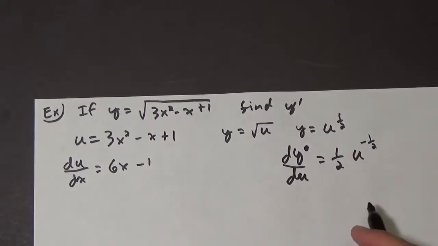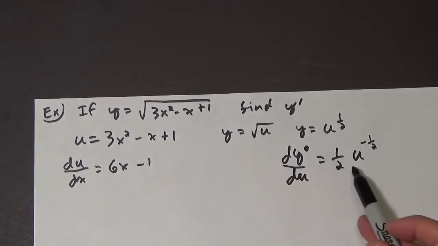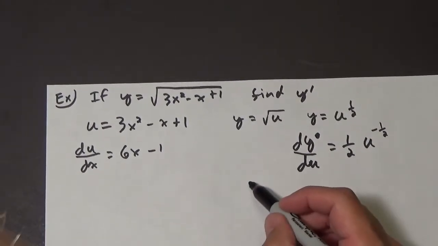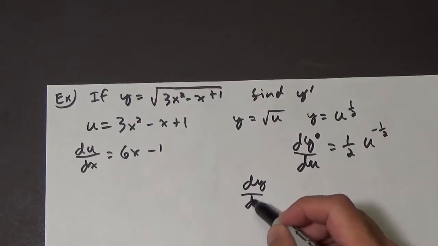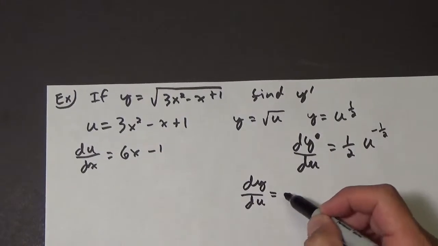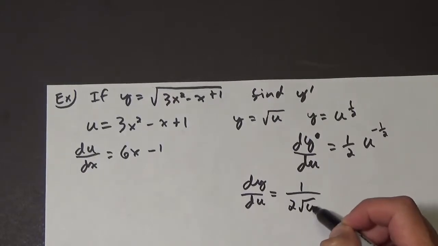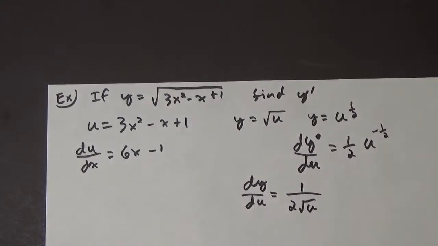So we can still use the power rule. So it becomes 1/2 u to the negative 1/2. So dy du equals 1 over 2 times the square root of u. Just to make sure we're clear on that.